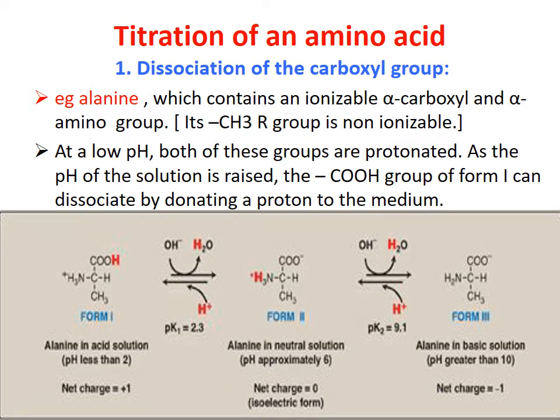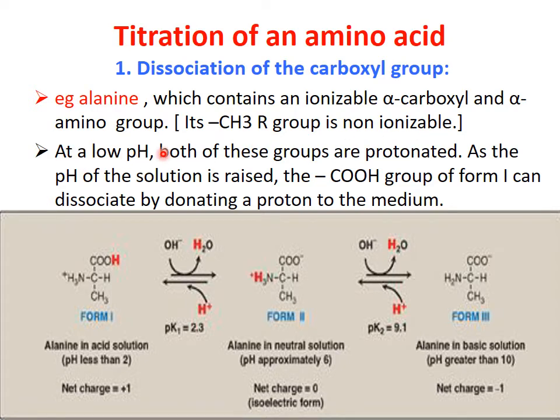Titration of alanine, for example, we consider how the titration proceeds. Alanine contains an ionizable alpha carboxylic and alpha amino group, while its R group is non-ionizable.